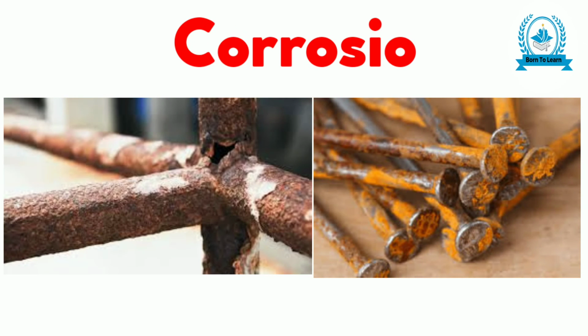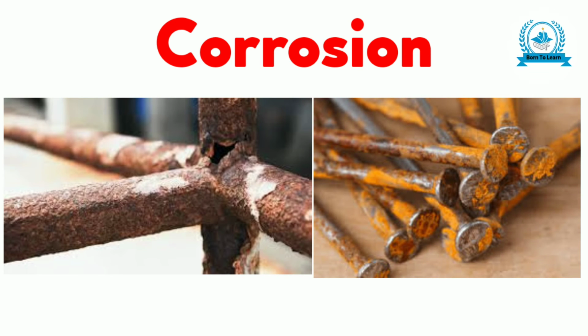Corrosion. Corrosion is the process in which metals are eaten up gradually by the action of air, moisture, or chemicals such as an acid on their surface. Corrosion is caused mainly by the oxidation of metals by the oxygen of air. Rusting of iron metal is the most common form of corrosion.